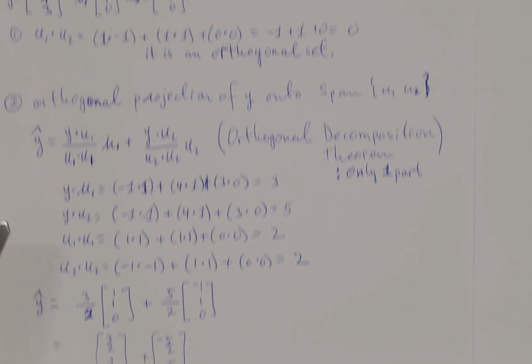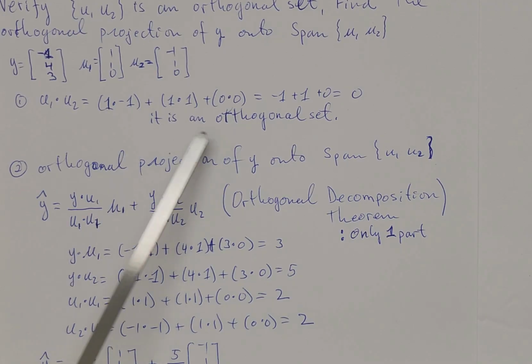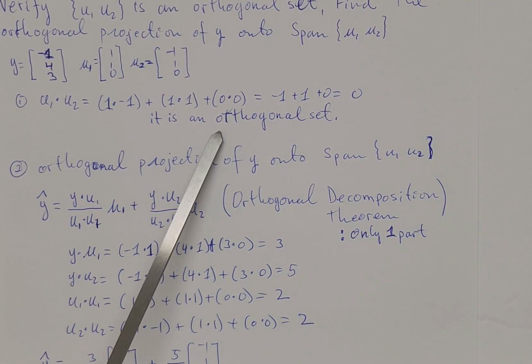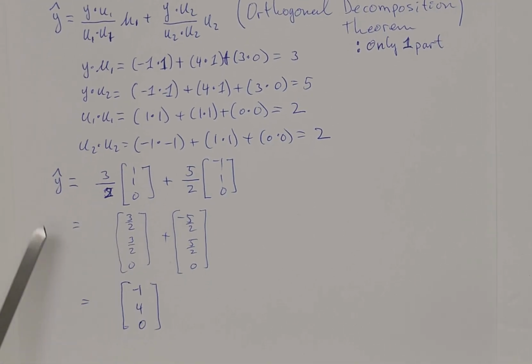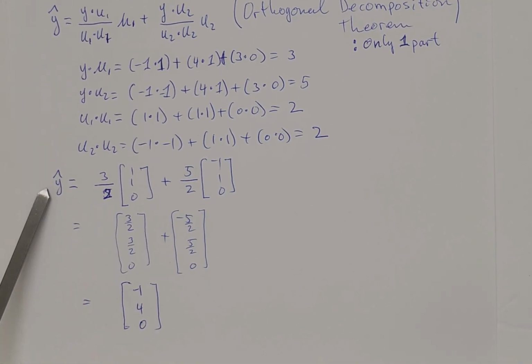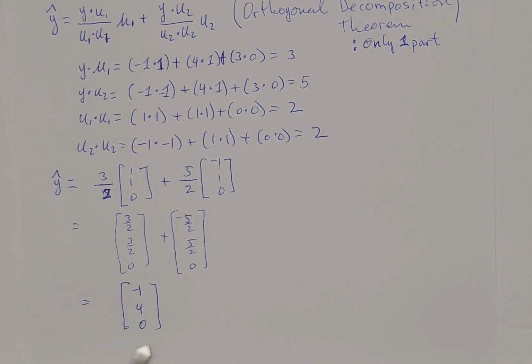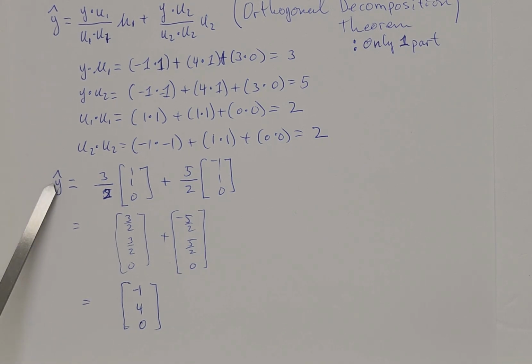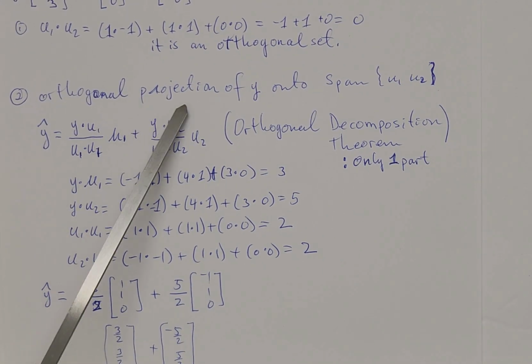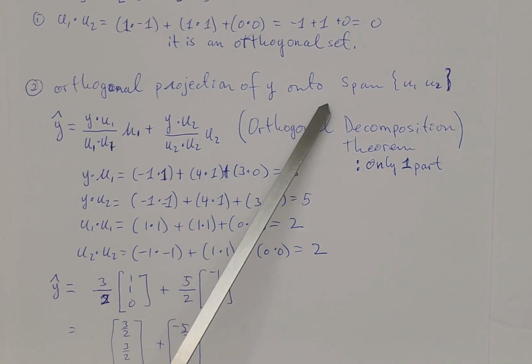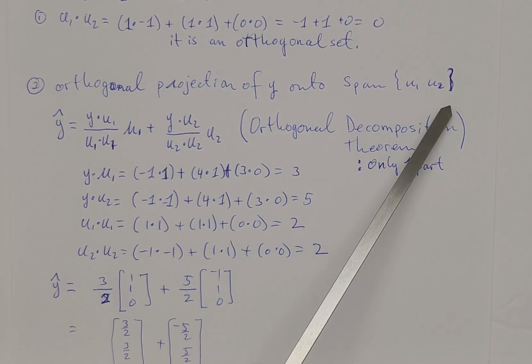So one more time, you have to do two things: find whether it is orthogonal or not, and after that, find y hat. This is the solution to y hat, which is called the orthogonal projection of y onto span u1 and u2.